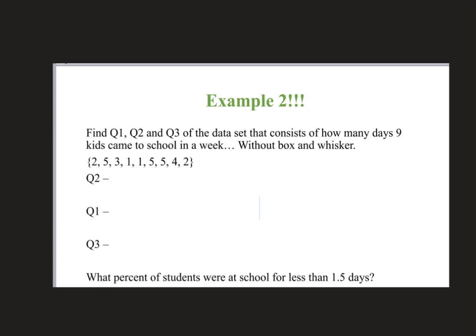All right, so I'm gonna come up here and I'm gonna put the data in a new set. Okay, so I have 1, 1, 2, 2, 3, 4, and 5, 5. Let's see, I did 3, 4, 5, 5, 5.